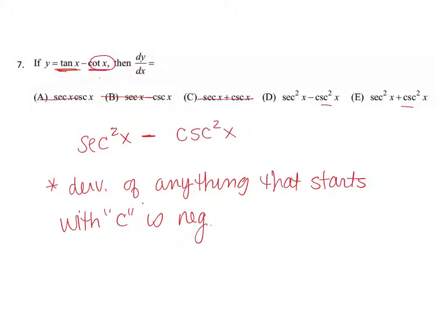And a lot of us forgot that. So the derivative of anything that starts with a C, whenever we're talking about all of our trig stuff, is negative. So that's actually going to be a plus sign there, and that's going to be answer choice E.